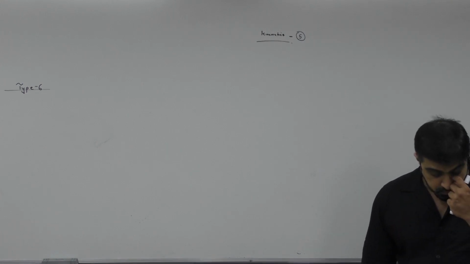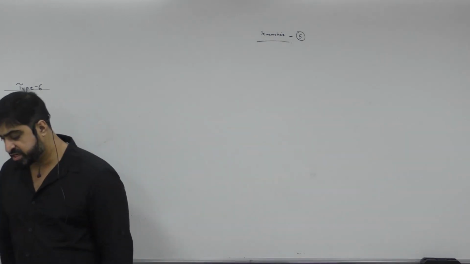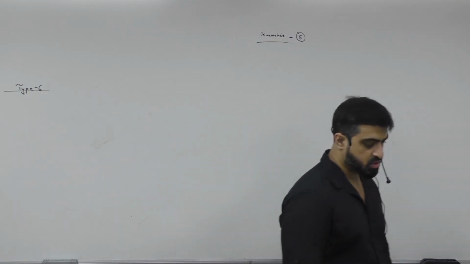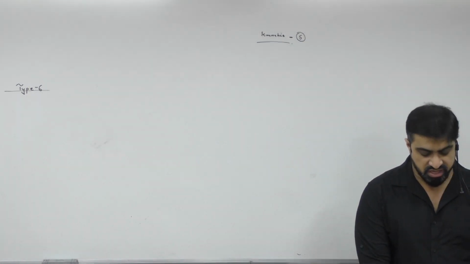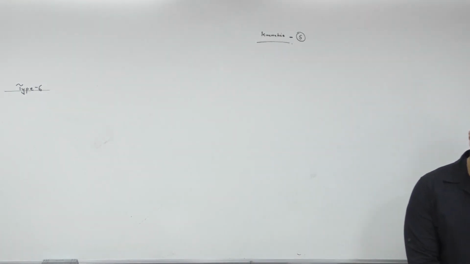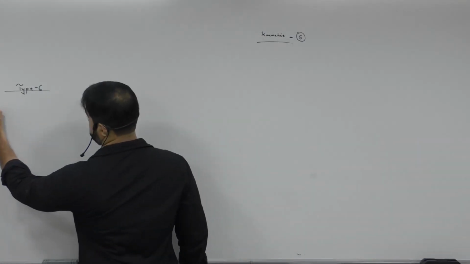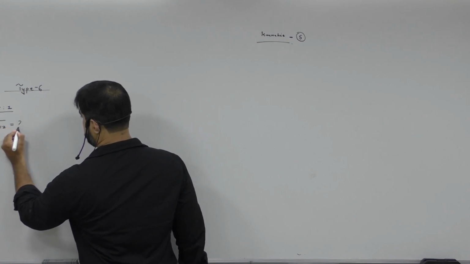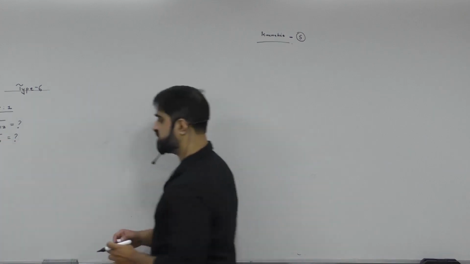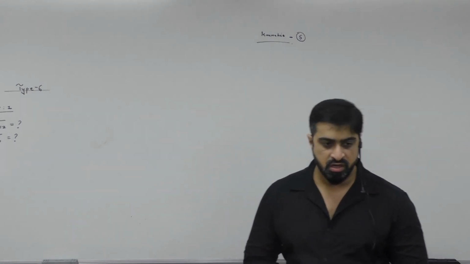Acceleration of two particles are 2 meters per second square and 3 meters per second square along negative x direction. Find A12 bar and A21 bar.